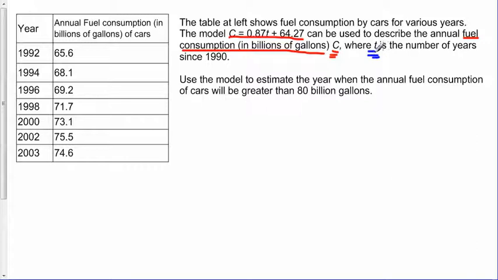T, they tell us, is the number of years since 1990. Okay, so that's a lot of information that they've packed in there.